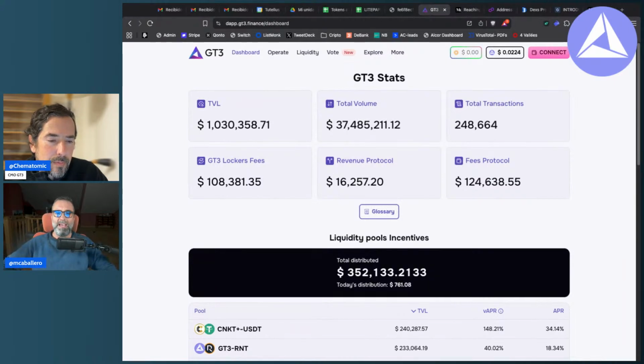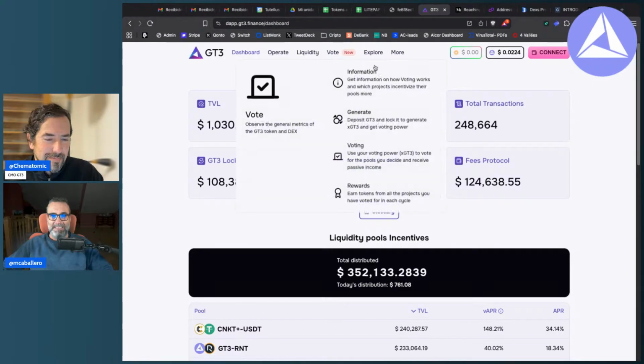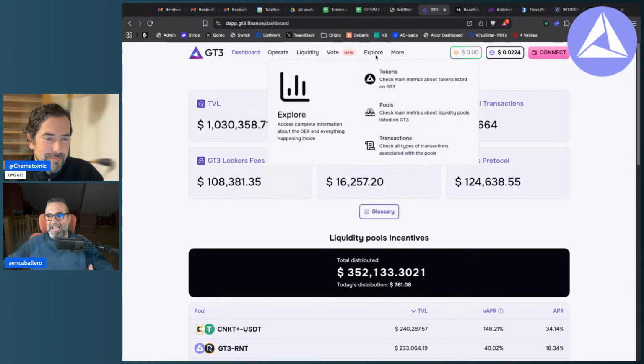Attract people to the protocol. Try to talk about GT3 outside here and understand the protocol as an excellent way to generate passive income every month. This is not just a token. This is something similar to a share of a company, of a business. I think it's a good way to understand GT3, Chema.